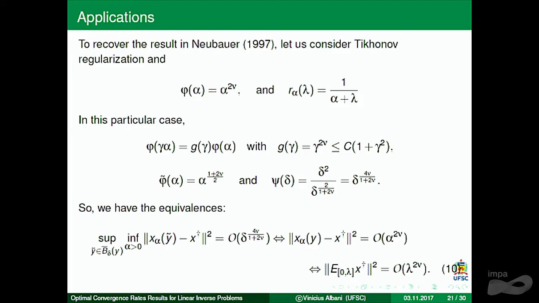So the hypothesis on phi is fulfilled, and psi has an explicit form. Then we can recover the result obtained by Neubauer in 1997 for the case of noisy data: the equivalence between the estimate with noisy data, the estimate with noiseless data, and the estimate in the so-called tail function.